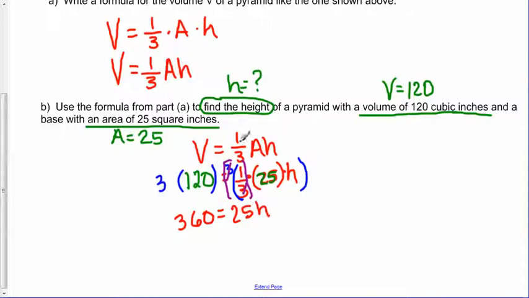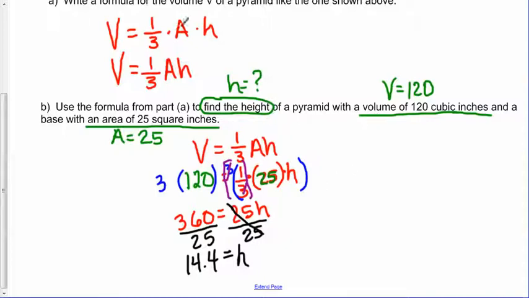And now we can just divide both sides by 25. We're going to divide here by 25 and divide on the other side by 25 as well. Here the 25s are going to cancel out. And on the left side, when we divide, we end up with 14.4 for my value for h. Remember what we were looking for: the height of the pyramid.